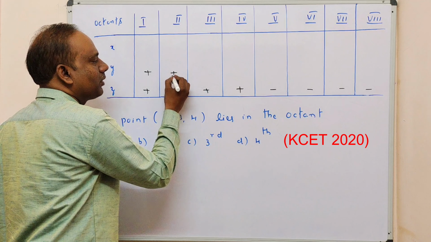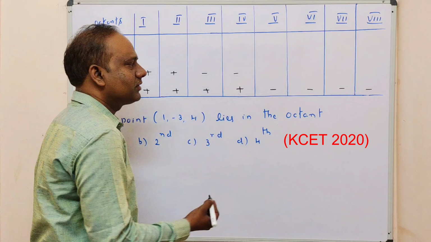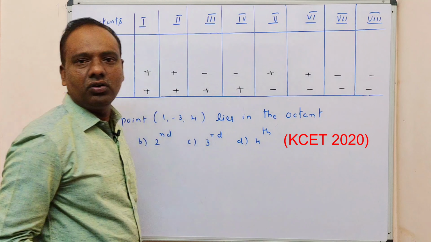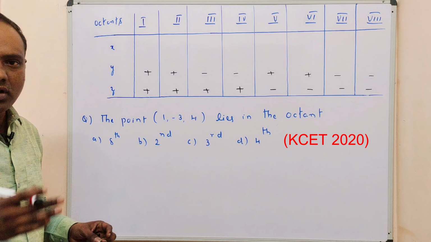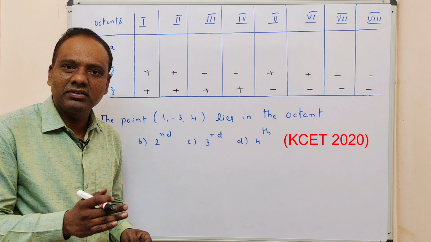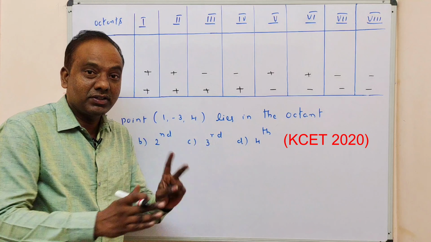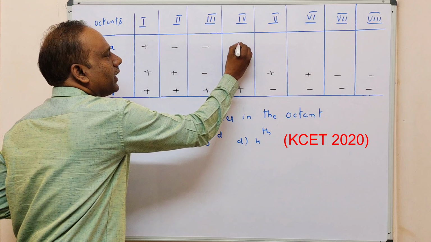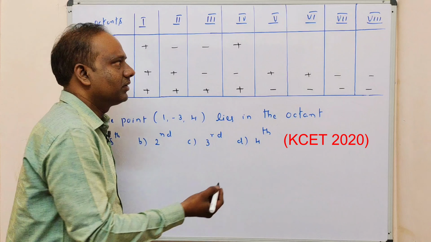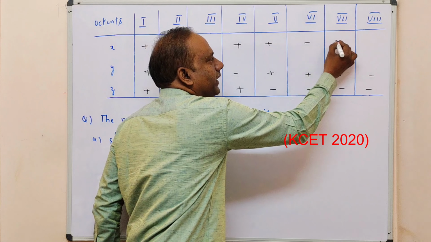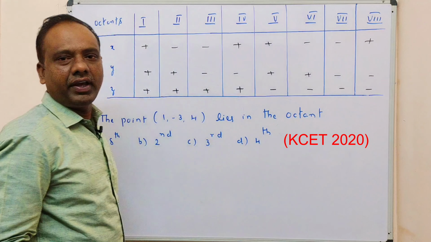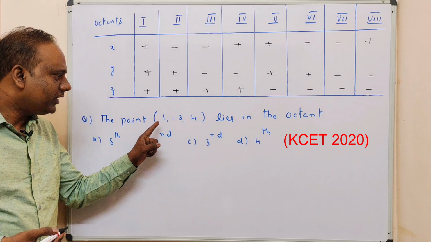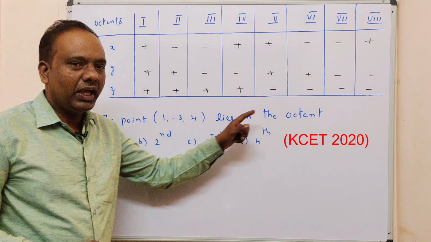Then the x coordinate is plus, minus, plus, minus, 2 times, the same repeated. Now the point (1, -3, 4) lies in which octant?